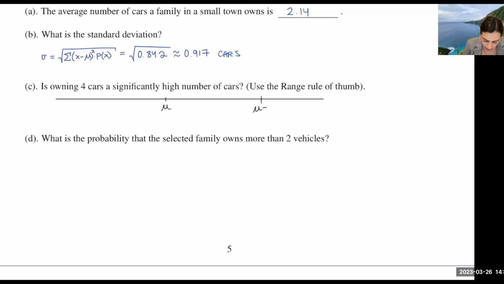So mu plus 2 sigma is going to find you the value that is exactly 2 standard deviations above the mean. And so again, any value that is 2 standard deviations away or above is considered to be significantly high.